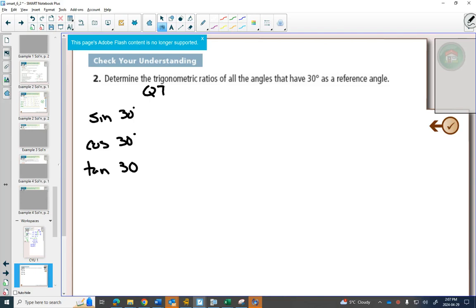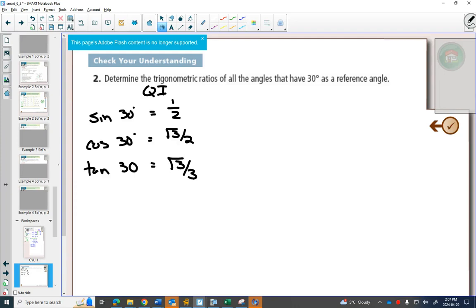These would all be in quadrant 1. Well, from our special triangle, if you look at 30 degrees on that equilateral triangle that we cut in half, opposite over adjacent, that would be 1 over root 2. Cos was root 3 over 2. And tan was root 3 over 3.